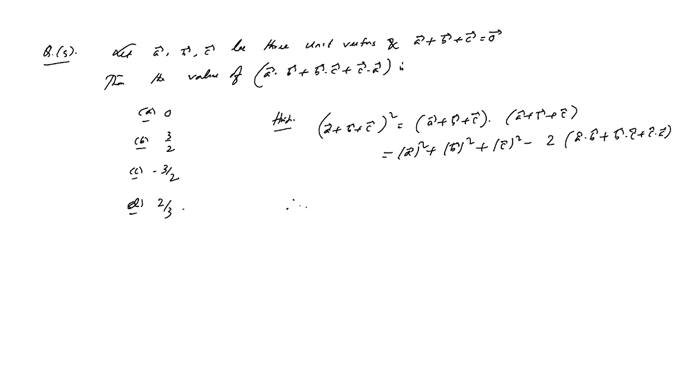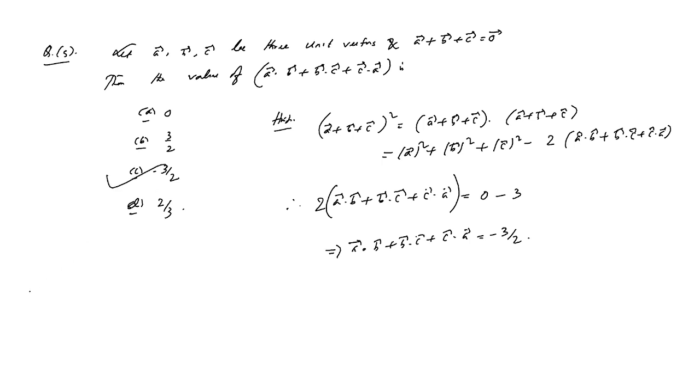So from this you can find A dot B plus B dot C plus C dot A. Here A plus B plus C vector is given as 0, so this is 0 minus 3, divided by 2. So the value of A vector dot B vector plus B vector dot C vector plus C vector dot A vector will be minus 3 by 2. So the correct option is minus 3 by 2.